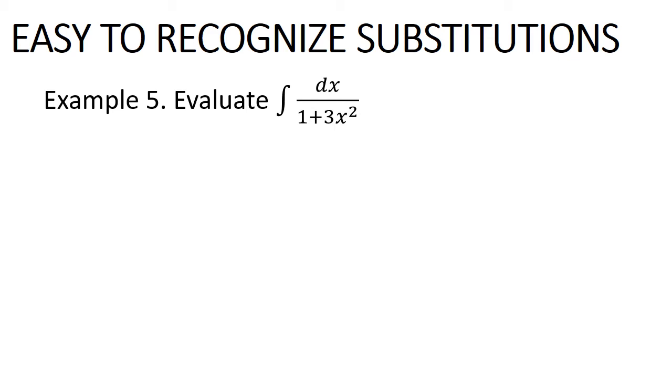So, kapag memorize mo na yung integration formula na sinabi kong i-memorize mo, alam mo na ang integral ng du all over 1 plus u squared ay equal lang sa arctangent or inverse tangent ng u plus c.